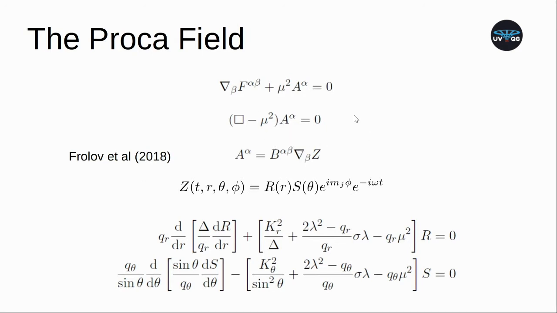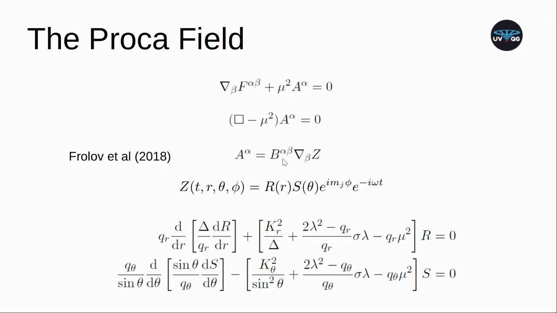We didn't know how to separate this equation, and if we wanted to study the Proca field in this geometry, we had to solve partial differential equations, which is much more time-consuming and complex. But recently, work done by Frolov and others, using the explicit and hidden symmetries of a wider variety of spacetimes, showed that these equations are separable.